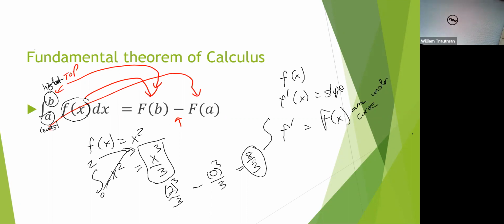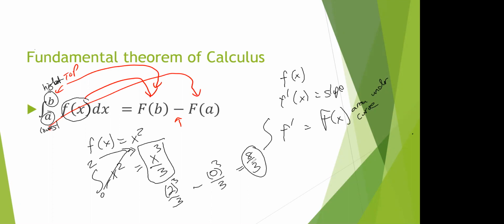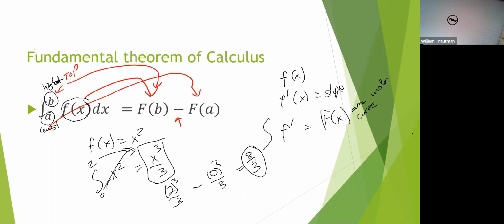Let's see if I can remember how to do that. Math, and then go down to 10. No, that's summation. I want to do integration. So, okay, this is how I integrate.